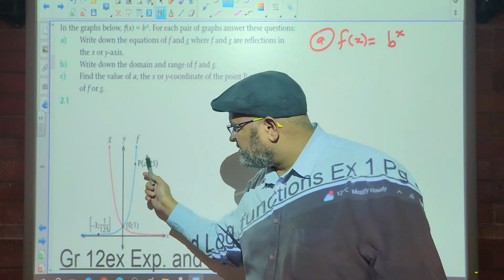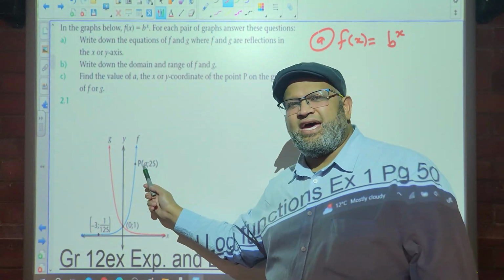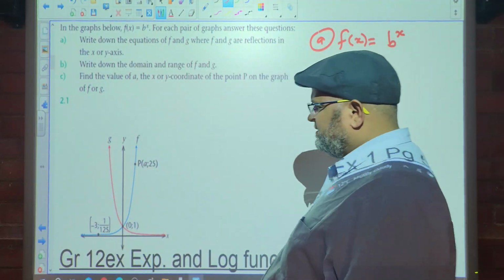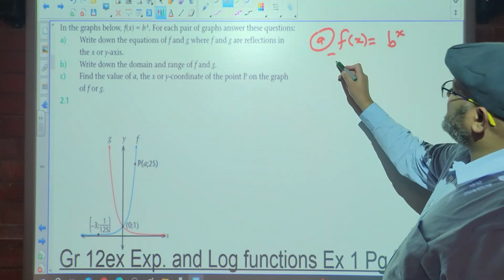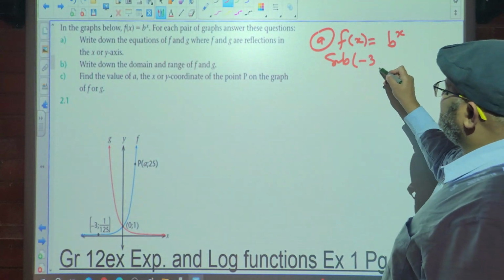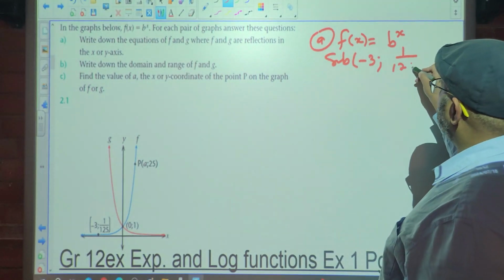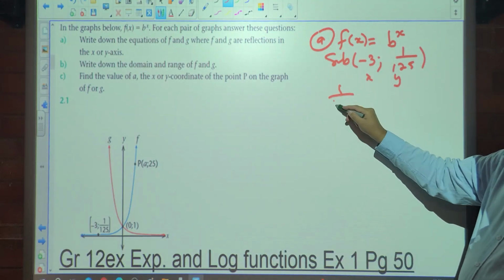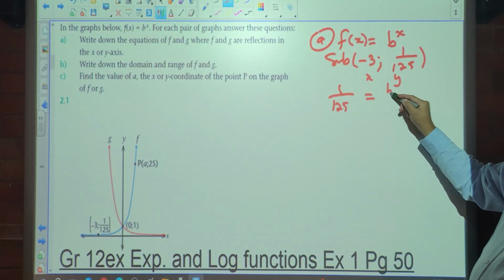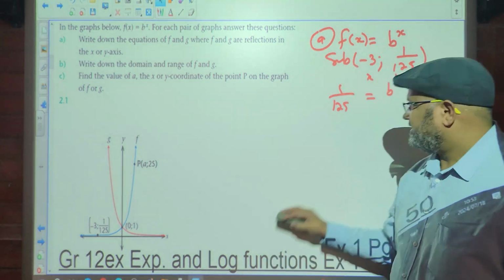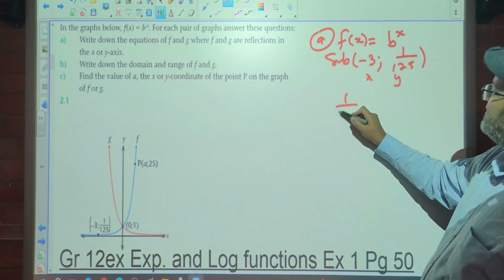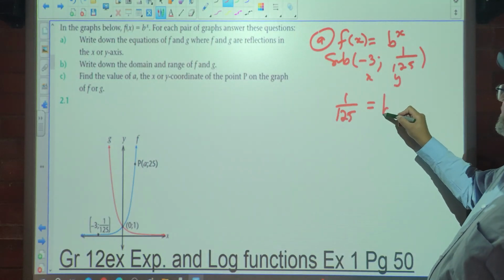I can't use P because here we got a and 25. However, we got minus 3 and 1 over 125. So we're going to substitute minus 3 for x and 1 over 125 for y. So you got 1 over 125 is equal to b to the negative 3.